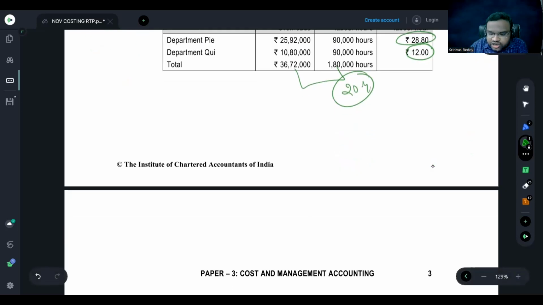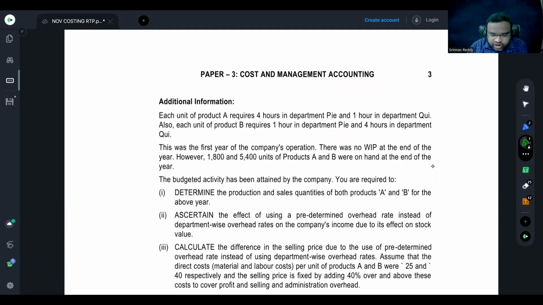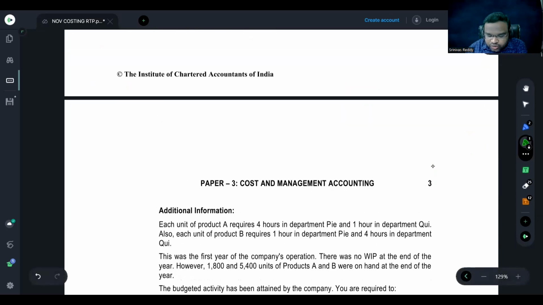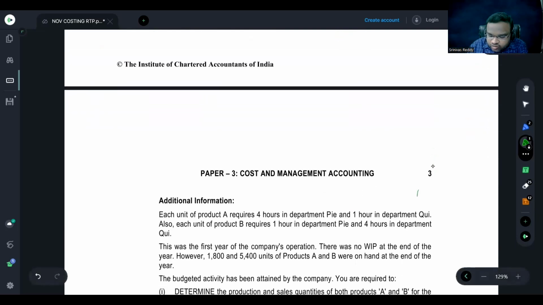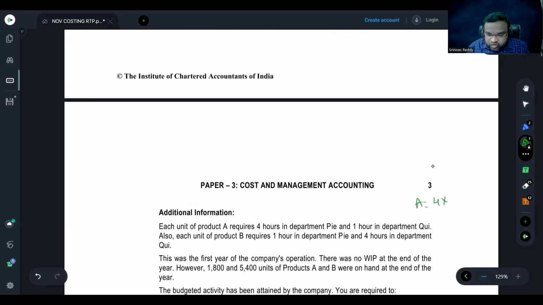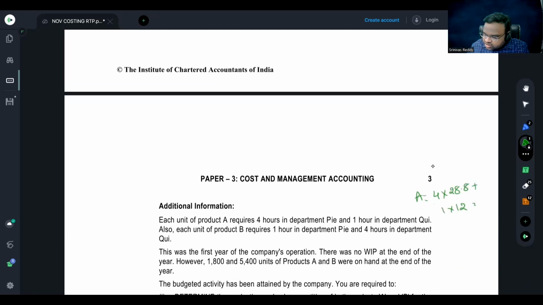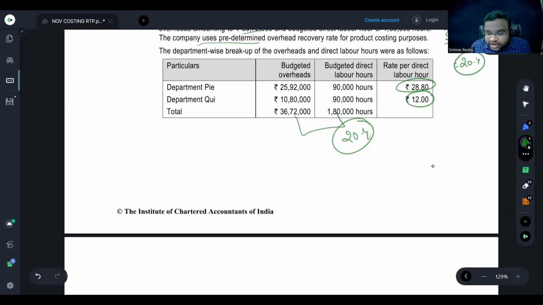Right. Additional information. Each unit of product A requires 4 hours in department P and 1 hour in department Q. That means, let us assume for A, what is the overhead cost? If I go with departments, it should be 4 into 28.8 plus 1 into 12. How much are you getting? 28.8 into 4 plus 12, 127.2, which is based on departments. If I go with a single overhead recovery rate, you should charge 20.4 per hour. How many hours?